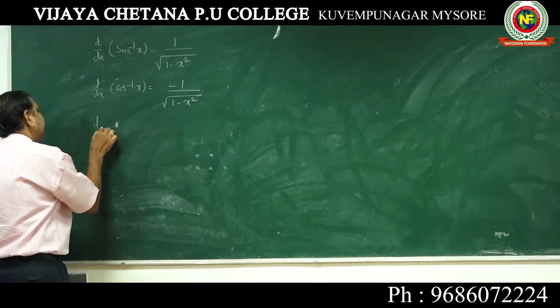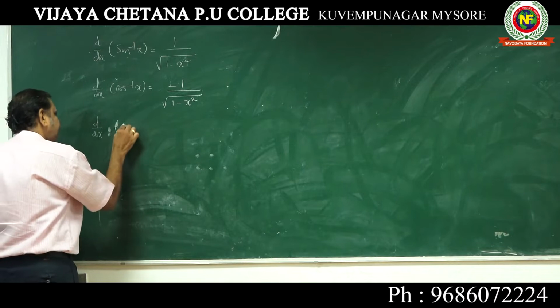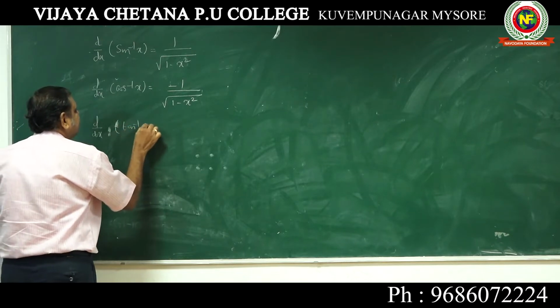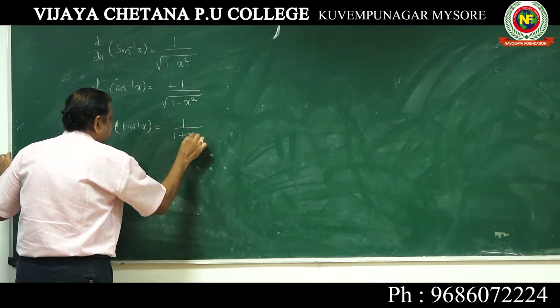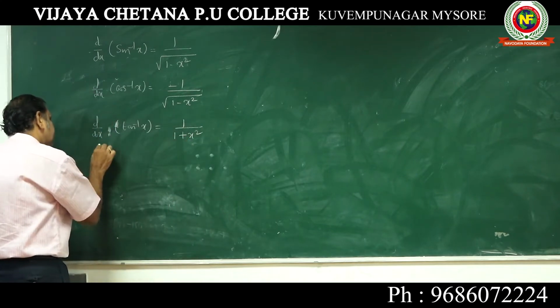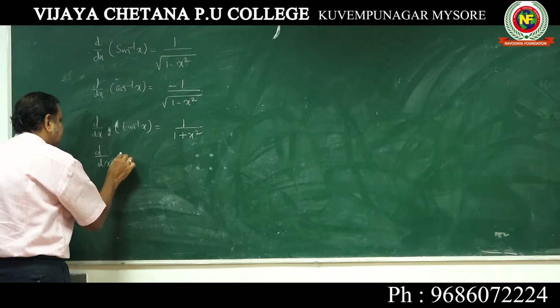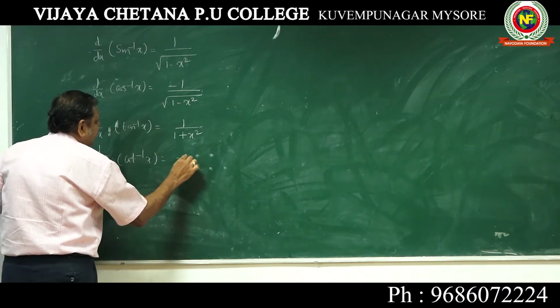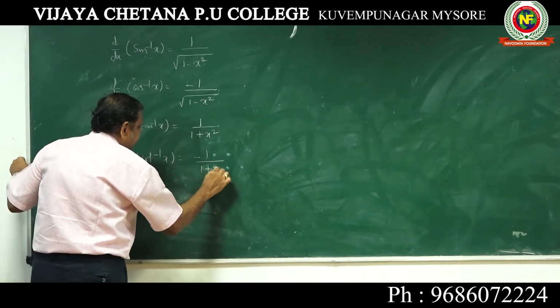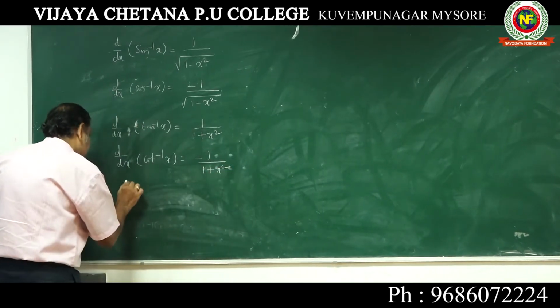Then dy/dx of tan inverse x is 1 over 1 plus x square. dy/dx of cot inverse x is minus 1 over 1 plus x square.